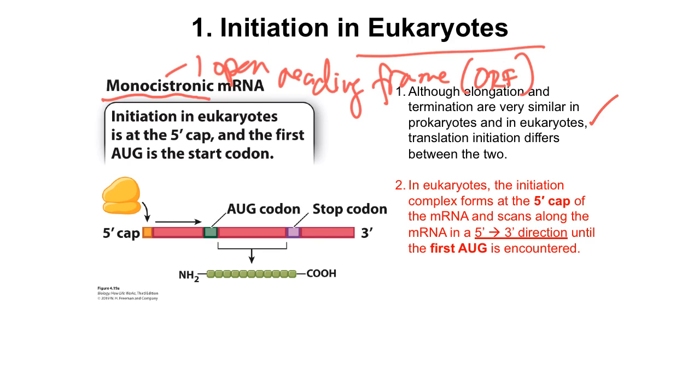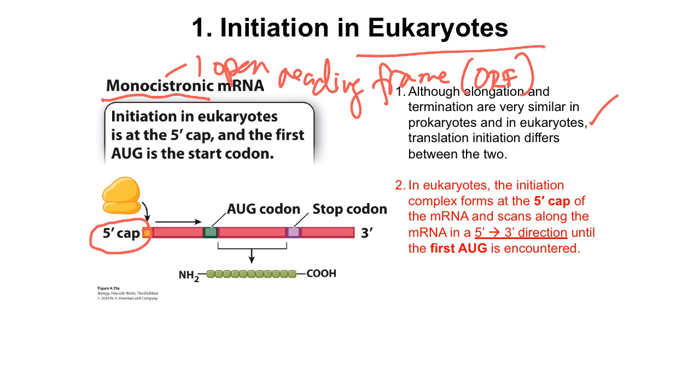Now, in the process of initiation of translation in eukaryotes, there is a very important structure in the messenger RNA, and that is the 5' cap structure. It's a very specialized structure at the end of the mRNA that is not encoded by the DNA but is post-transcriptionally added during the processing event, okay, as you learned in chapter 3.